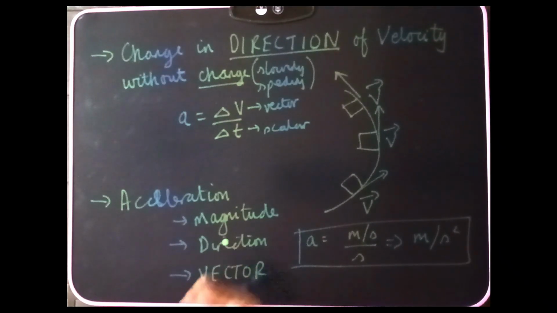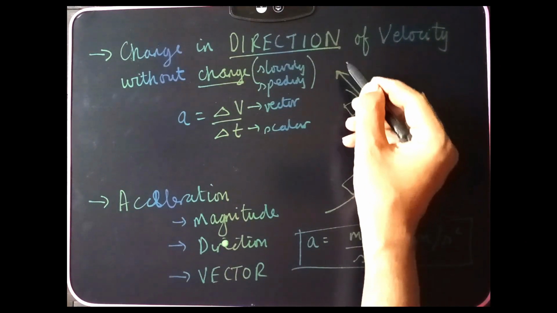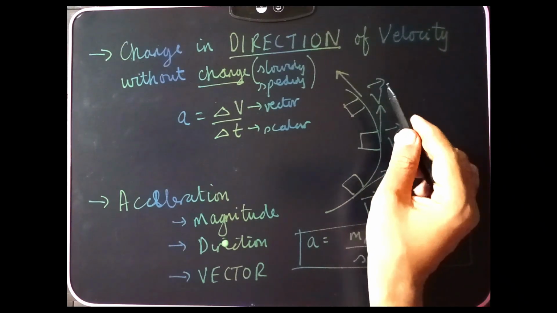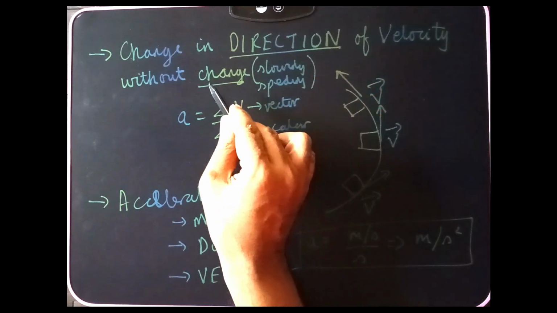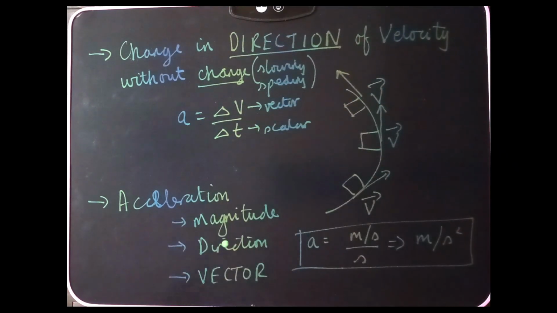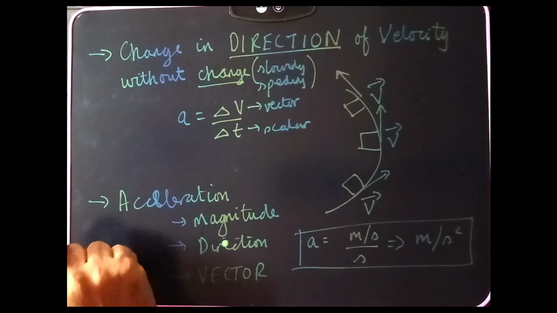So if you have noted down this, I will clear this out. We'll go to the next aspect of acceleration itself. We'll see more points about acceleration. This point is very important: even when there is no change in velocity magnitude, but the direction is changing, then also acceleration exists. Acceleration exists when there is a change in direction of velocity.